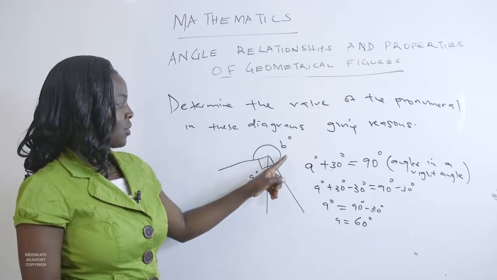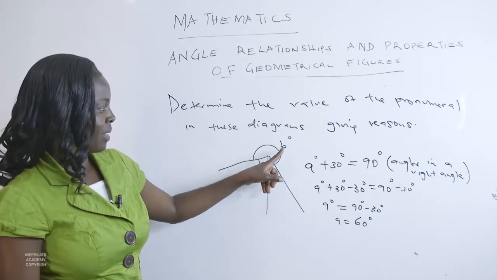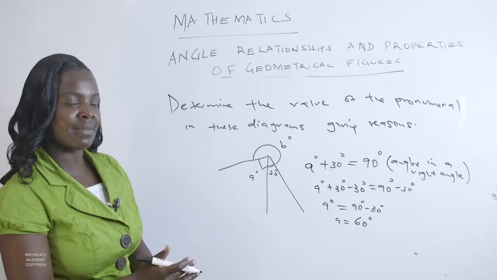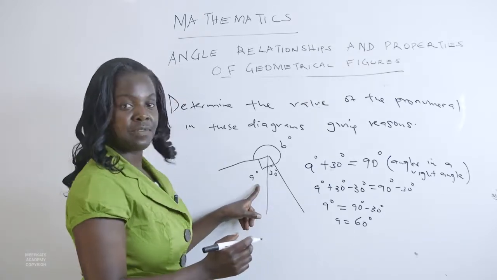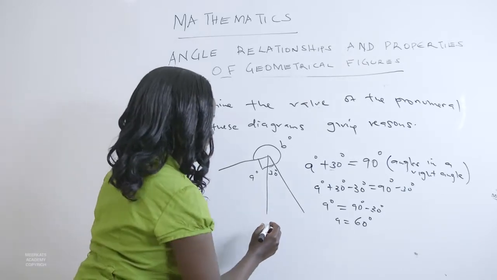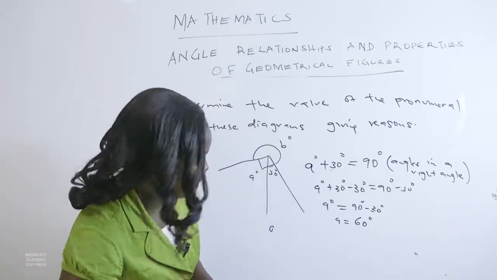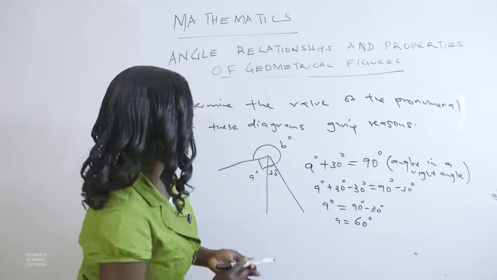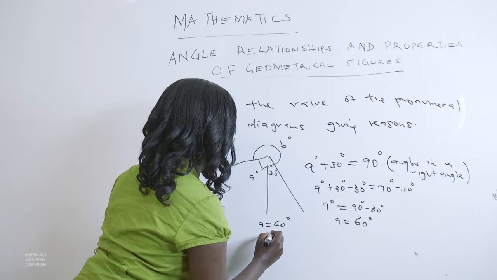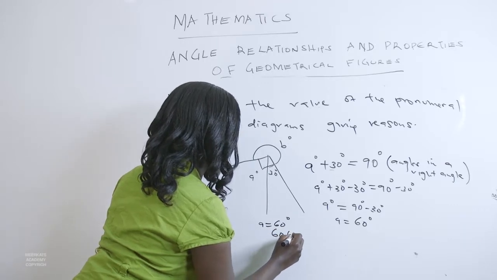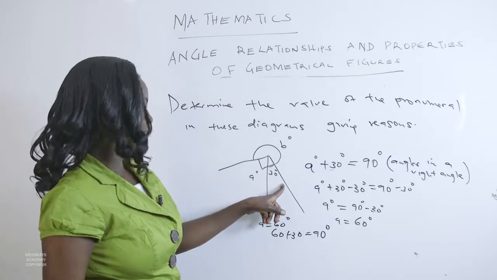Then we are also told to find angle B. So how do we calculate the value of B? Because already we have found the value of A. So this angle here is 90.